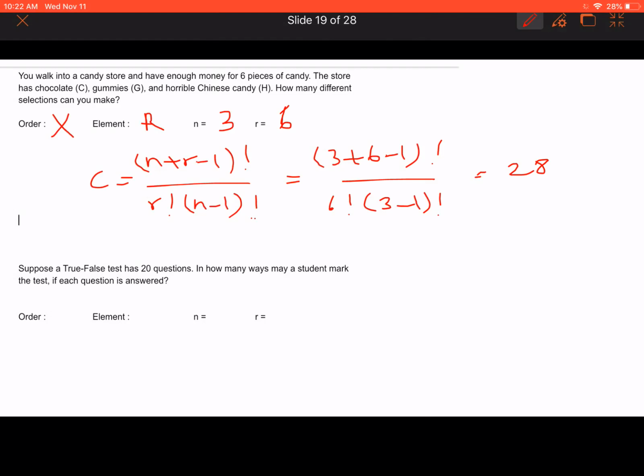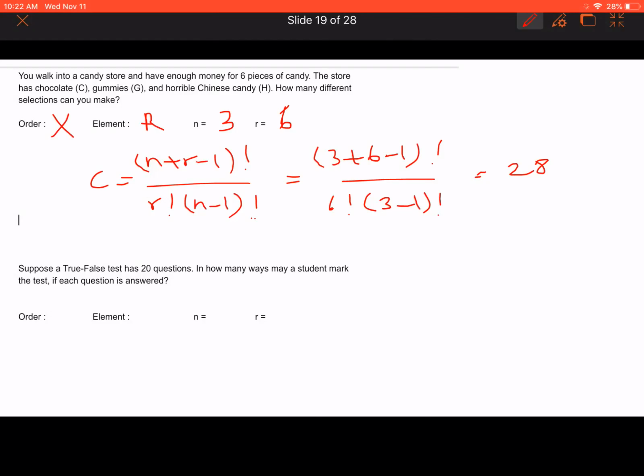Okay, next, suppose a true or false test has 20 questions. In how many ways may a student mark the test if each question is answered? So every question has 2 choices. If you mark true for the first question, then for the next question also you are again having 2 options, true and false, and we are going to pick the answer, right?